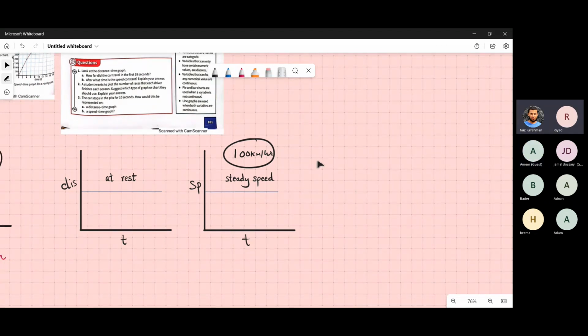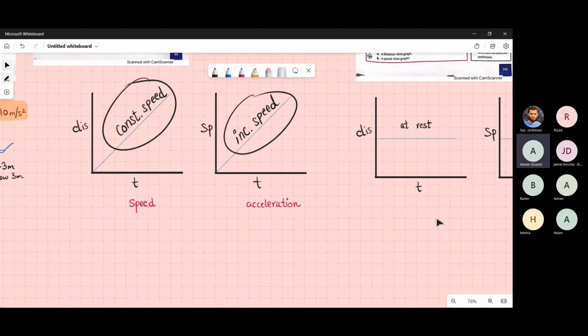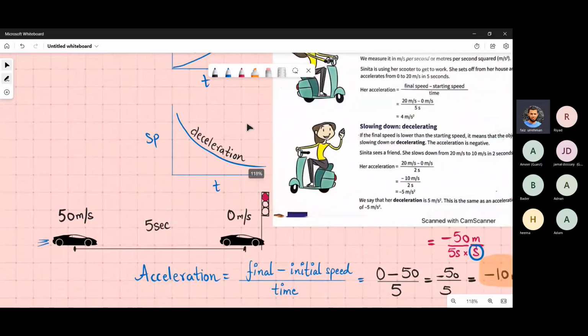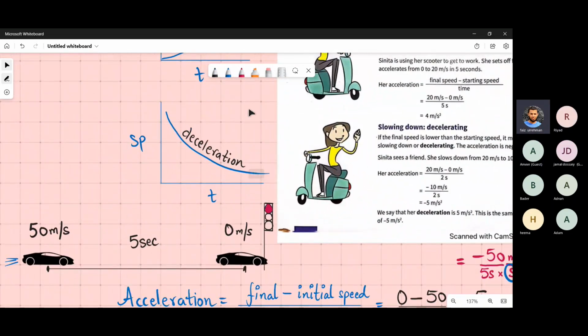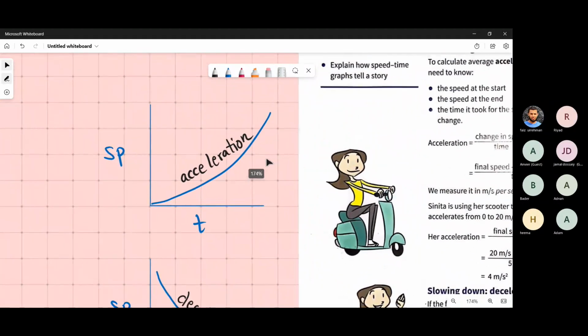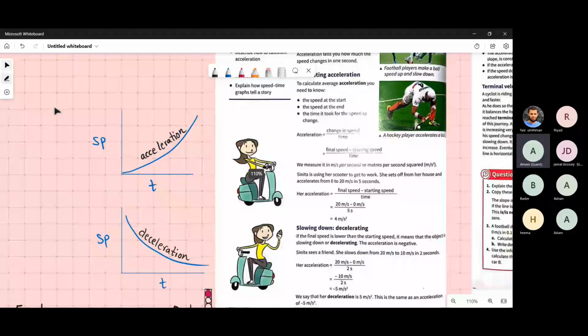When you are releasing the pedal, what are you doing? Decreasing speed. And decreasing speed, there is another name for that? Deceleration. Deceleration is the other name for decreasing speed. And what is the meaning of increasing speed? Acceleration. Clear?